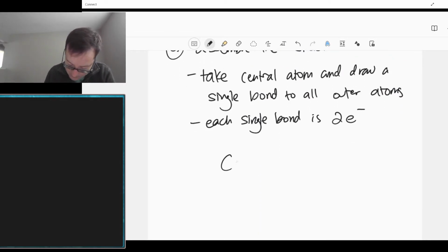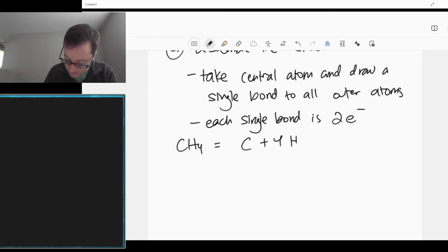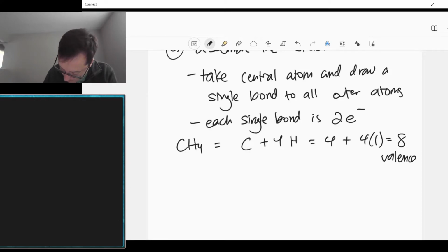Okay, well I said we're doing methane. Methane, sorry, I should slow down. Let's look at methane. This will be an easy example. Methane has valence electrons of 4 plus 4 times 1, which is 8 valence electrons total.